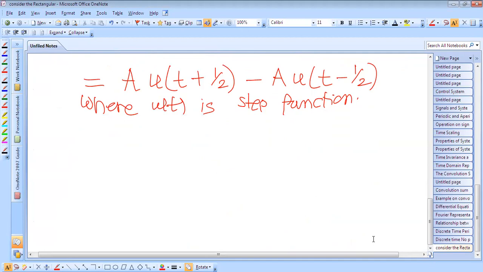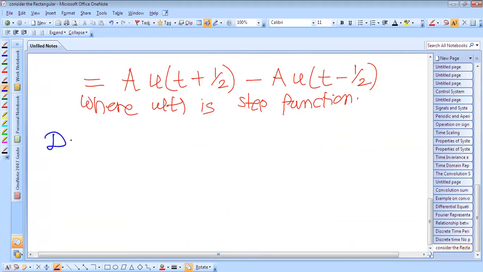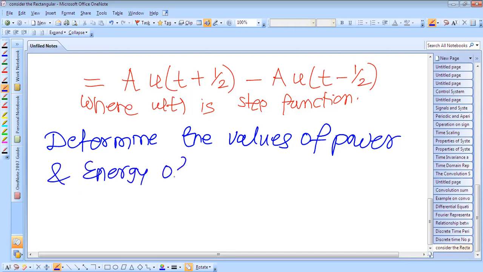Next, we will have to determine the values of power and energy of the signal.